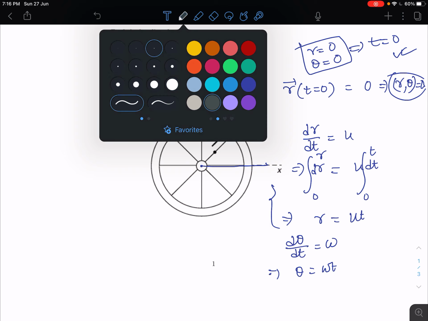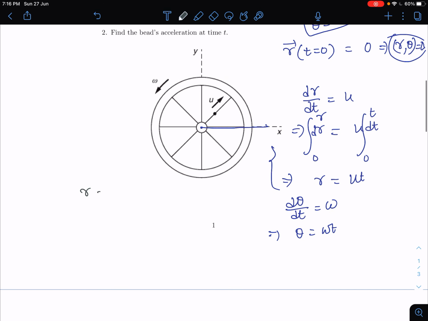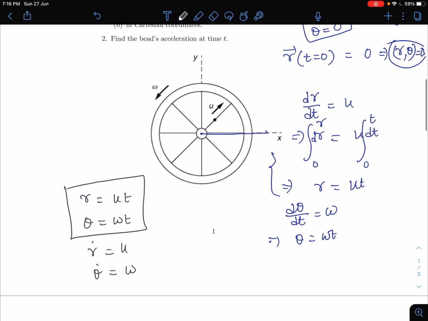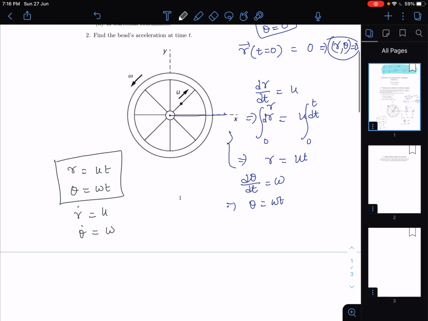So our r is ut and theta is omega t, and also r dot is u and theta dot is omega.